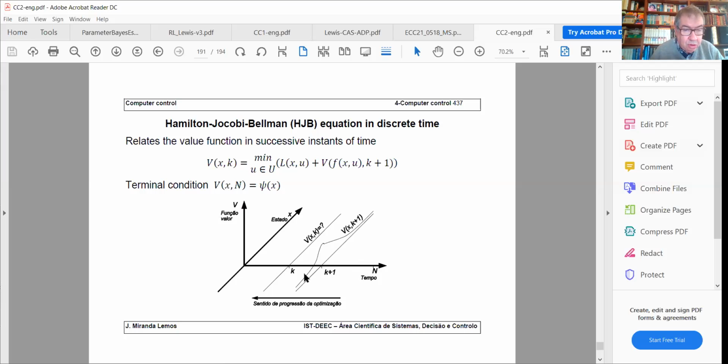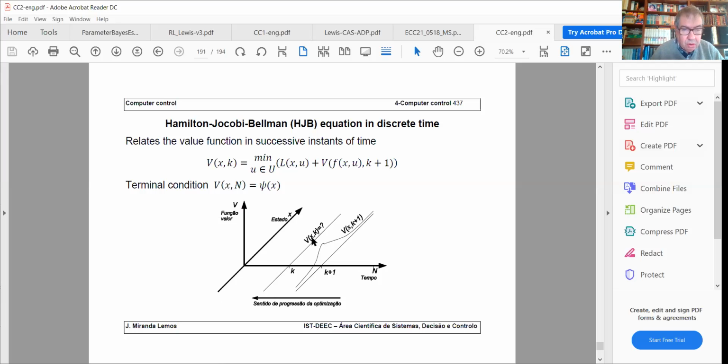Now you want to compute the optimal cost to go to the final time at time k plus 1, and we are going to relate this with the optimal cost to go from any state at time k.